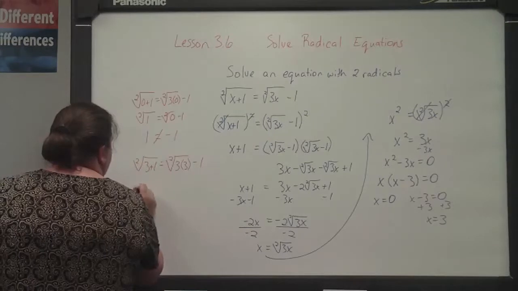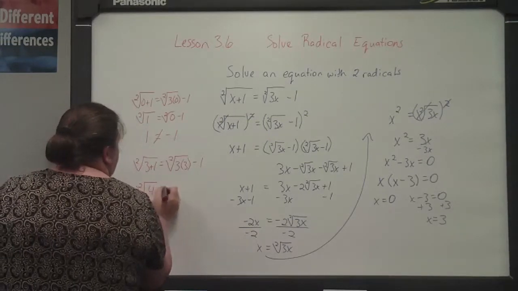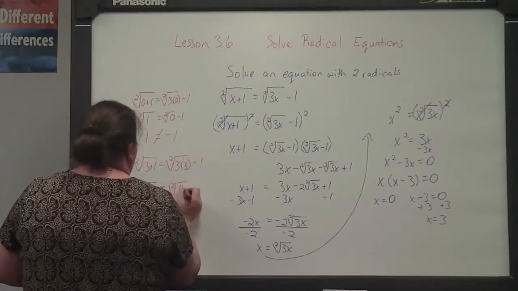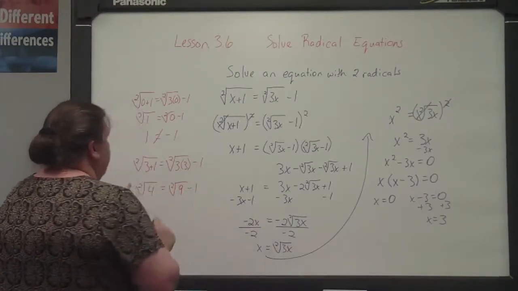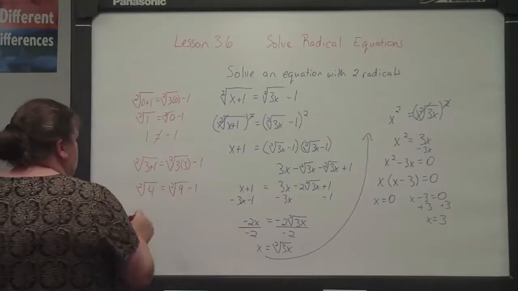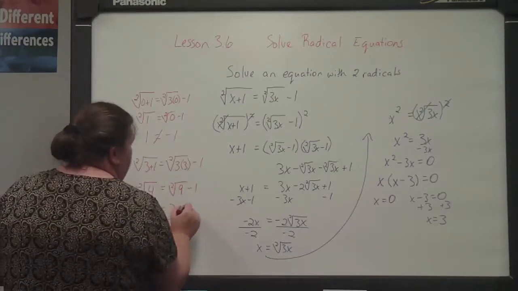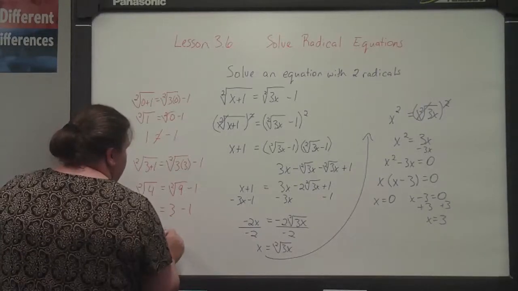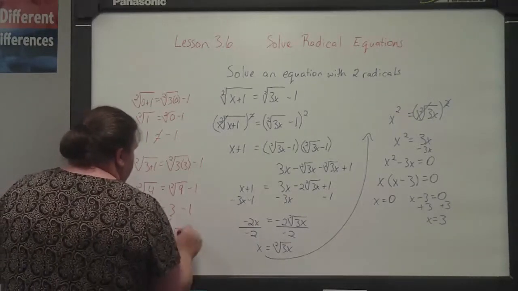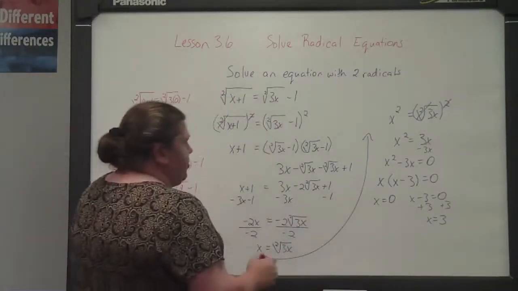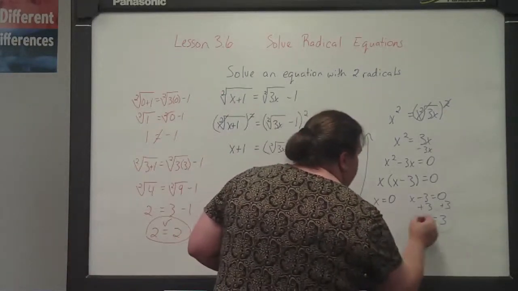So the square root of 4, is that equal to the square root of 9 minus 1? The square root of 4 gives us 2. The square root of 9 gives us 3 minus 1. So 2 does equal 2. So therefore, your answer to this equation is going to be x equals 3.